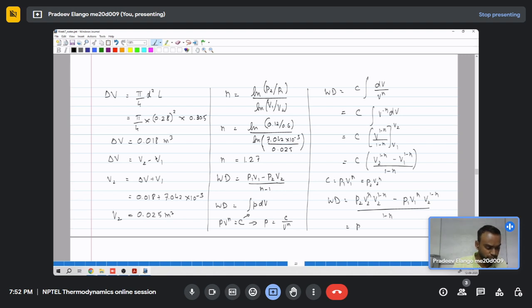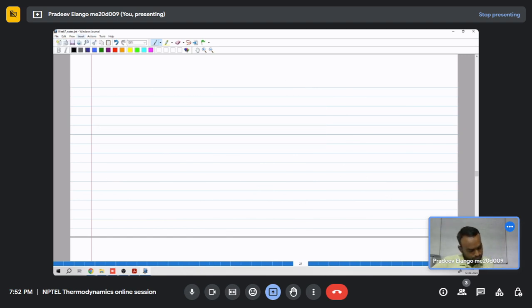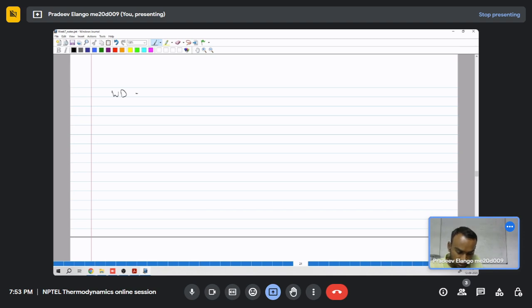So then we get P1 V1 minus P2 V2 by n minus 1. So this is the formula we have. So work done is P1 V1 minus P2 V2 by n minus 1.